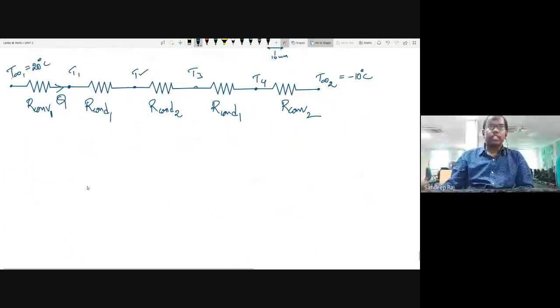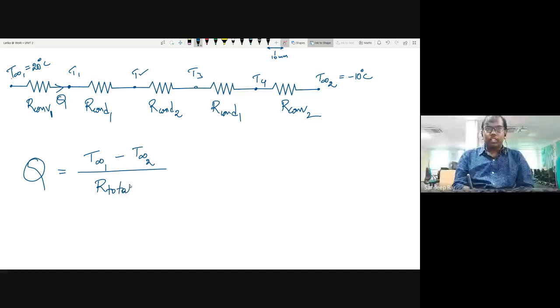So to find that Q, what you should take is the temperature difference for these two: T infinity 1 minus T infinity 2. You take it in the numerator, and in the denominator you will have R total. What is R total?